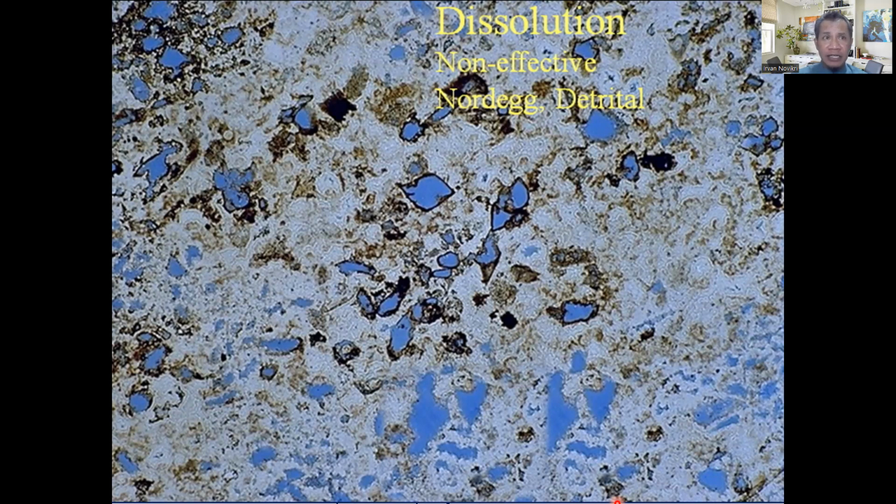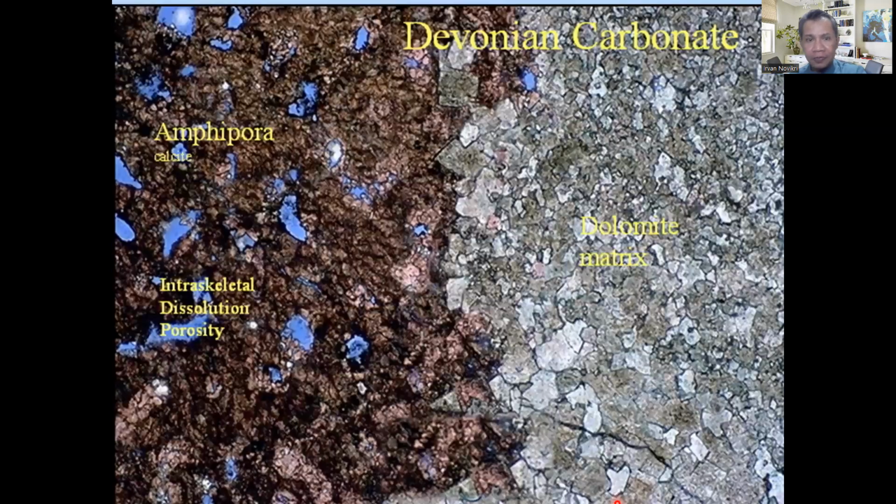Now a non-detrital case. In this case, this rock was originally carbonate, and it was exhumed, subaerially exposed to an unconformity, and was replaced by chert or silica.